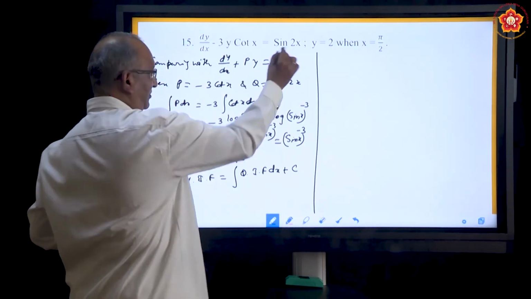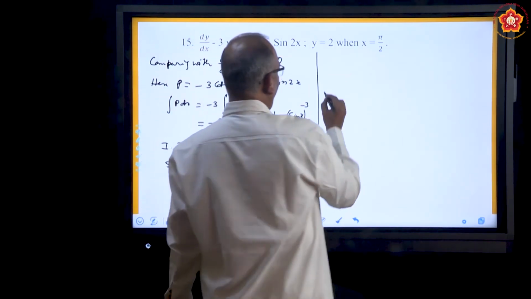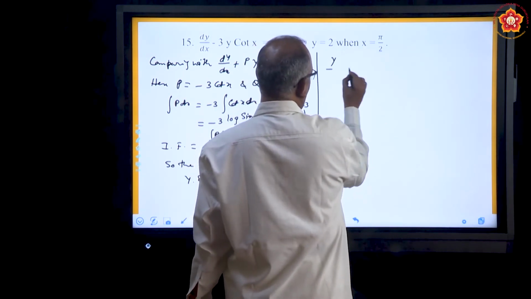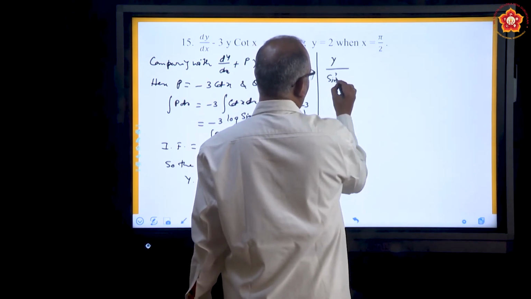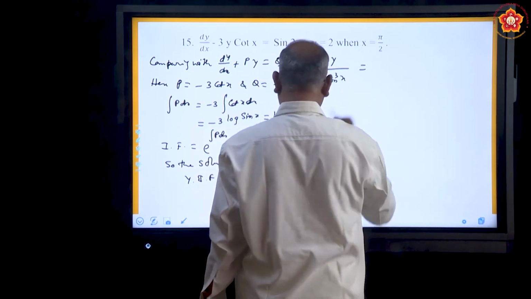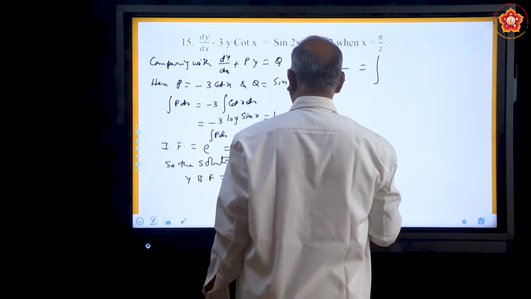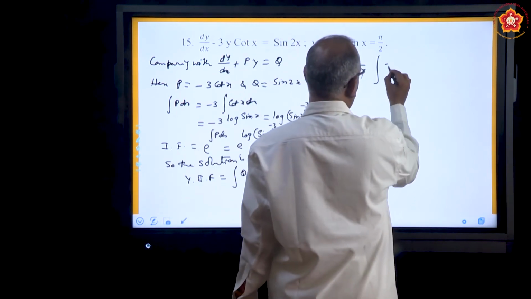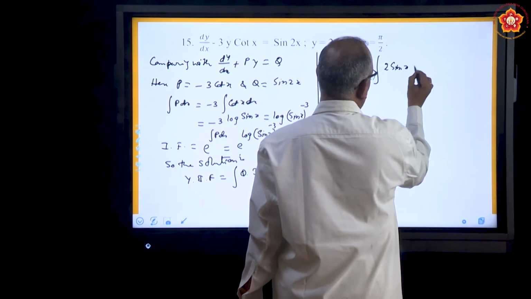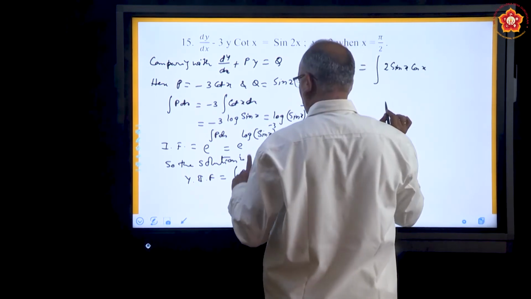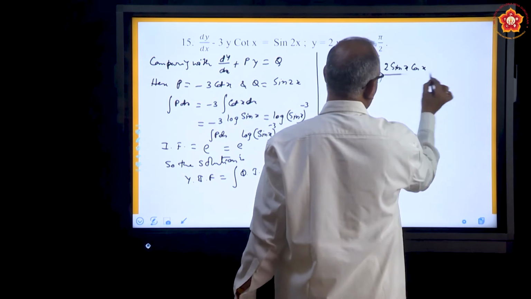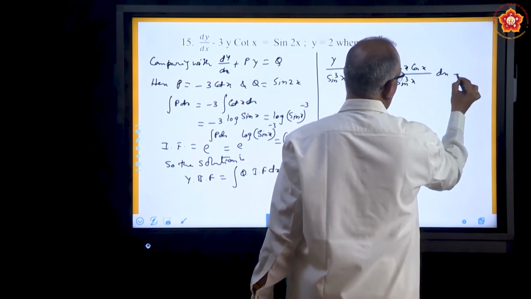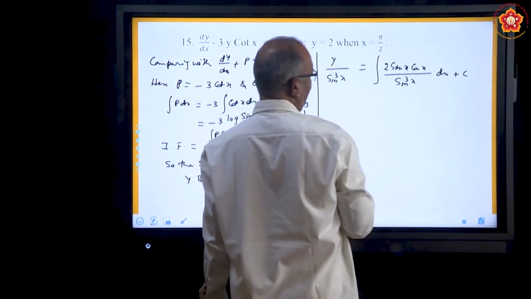So, instead of writing there, we will write here. y sin x to the power minus 3 can be written as y by sin cube x equal to the integral of q. What is q here? Sin 2x. Remember, sin 2x can be written as 2 sin x cos x, into the integrating factor, that is 1 by sin cube x, dx plus c.